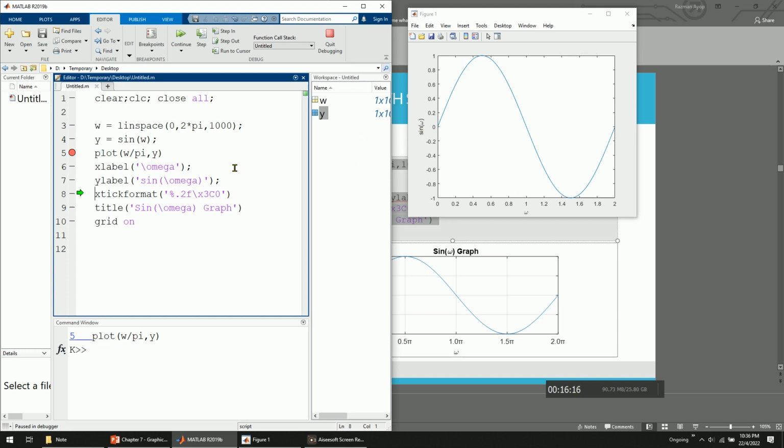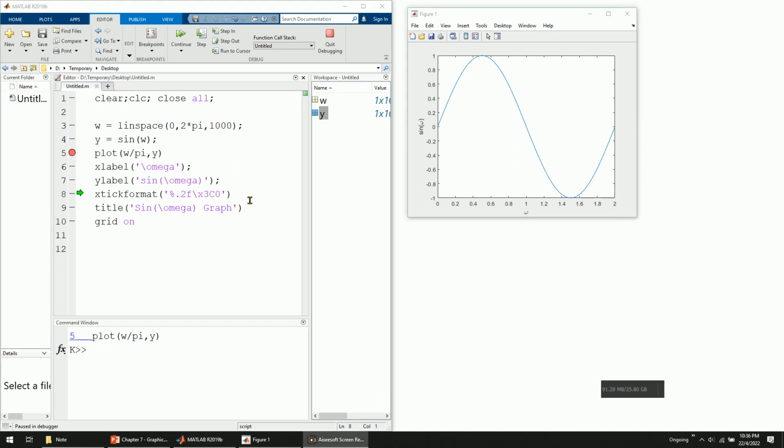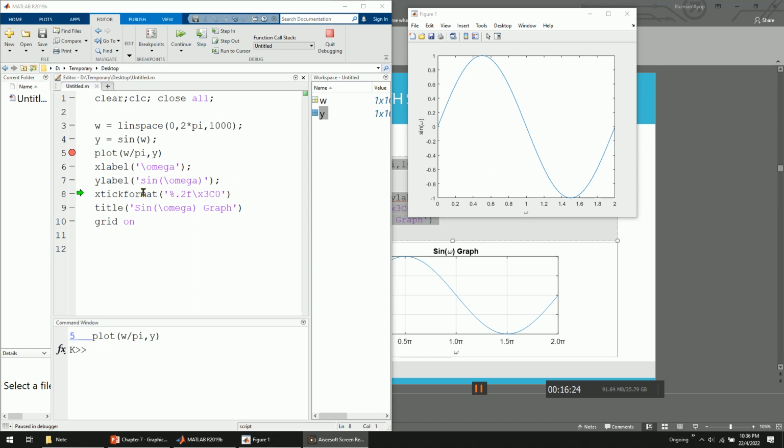The xtickformat is a little bit tricky. This one is the label, in radians. Remember 2 pi, but there is no pi here, right? If you want to add pi here, how to do this?